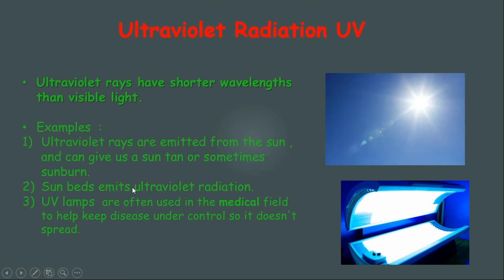Sunbeds also emit ultraviolet radiation, and we use them for a tan. Ultraviolet lamps are often used in the medical field, to help keep disease under control so it doesn't spread. I hope that everything is clear till now.